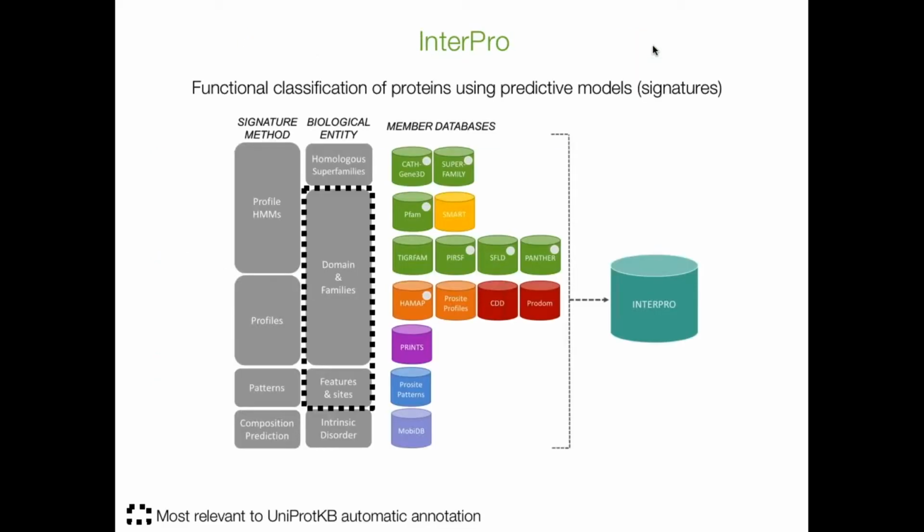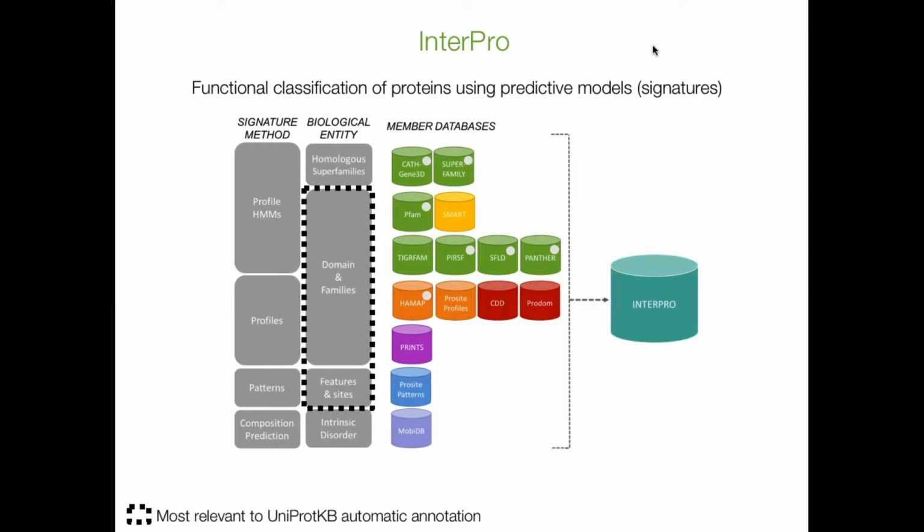InterPro basically allows functional classification of proteins using predictive models, which we refer to as signatures. InterPro, on the right-hand side, acts as an umbrella vessel collecting all the efforts of many different research groups shown in the middle. That's the blue shape, the colored shapes, that try and describe different biological entities using different methods.